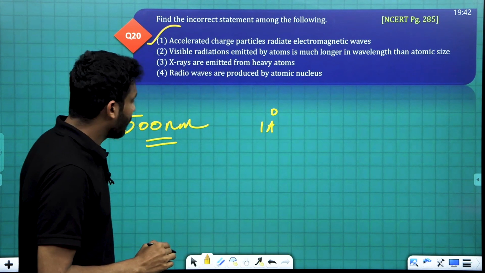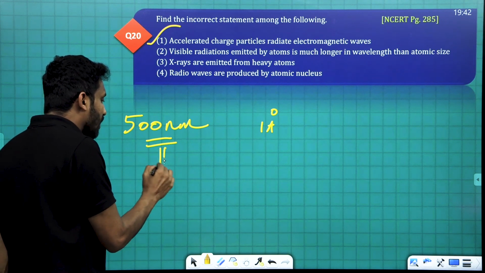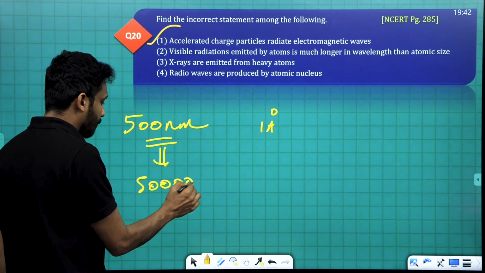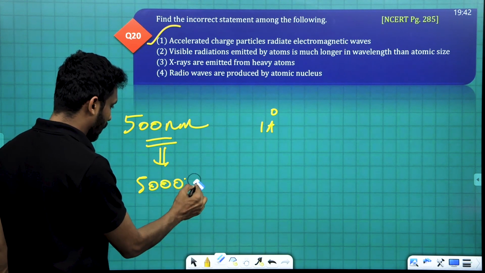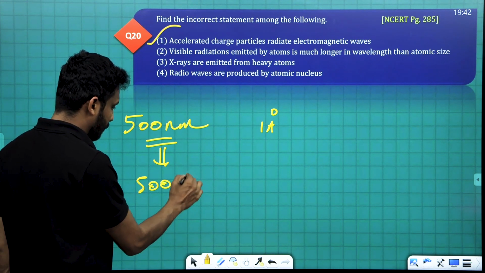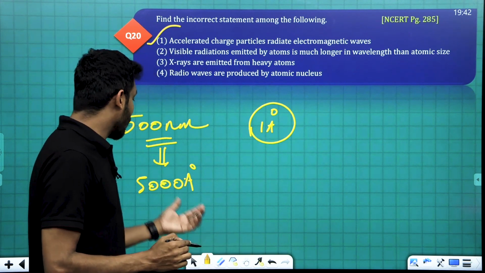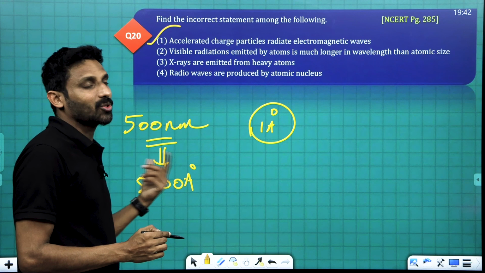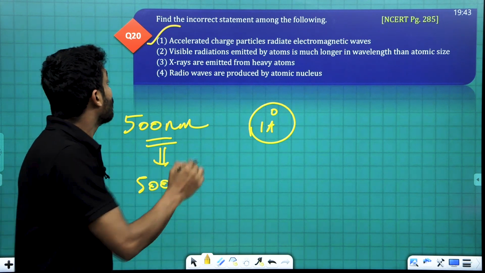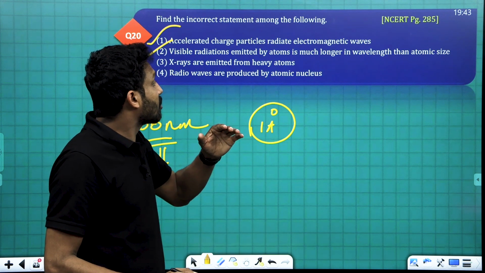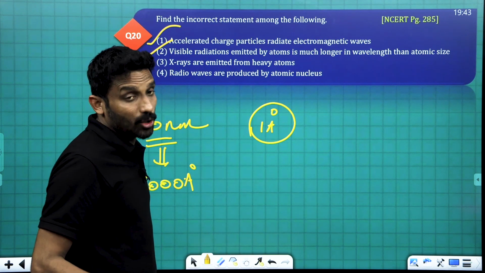When we convert this into angstrom, we get 5000 angstrom. So the visible radiation is 5000 times the atomic size. So this one is also true.